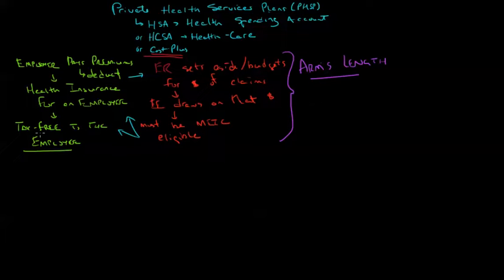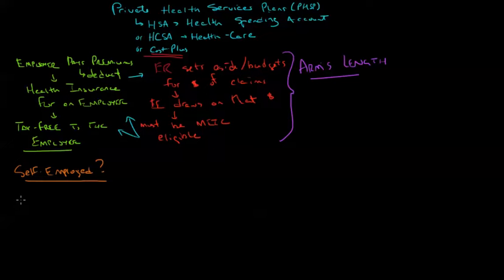So what we can do here is we say, all right, now I'm self-employed. So can a self-employed person use the health spending account? They can, however, there are some restrictions here.